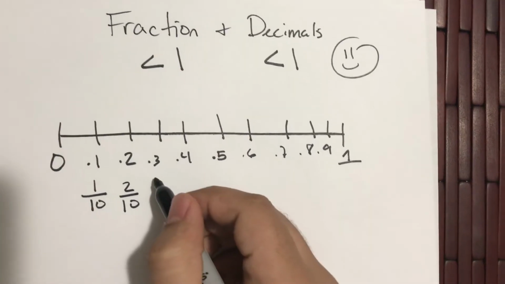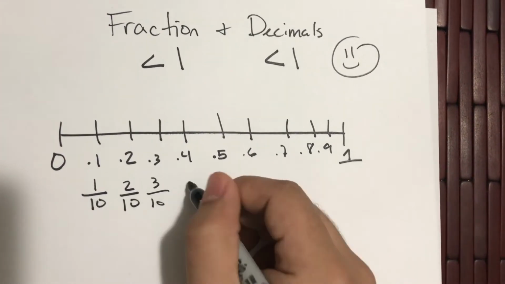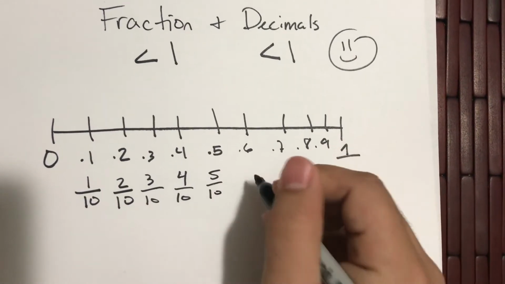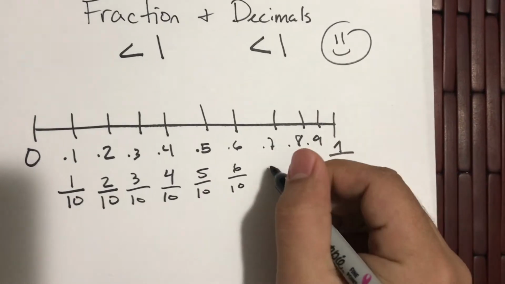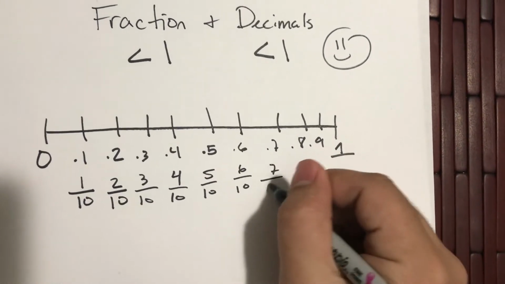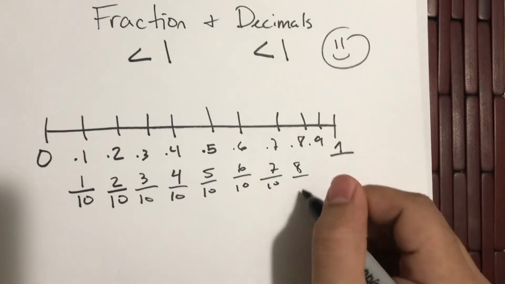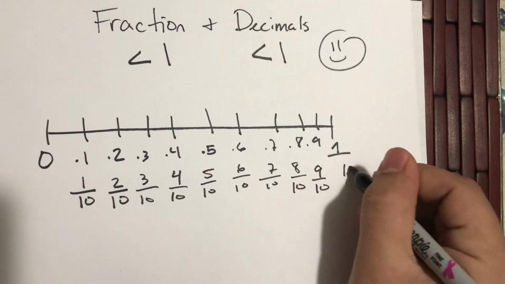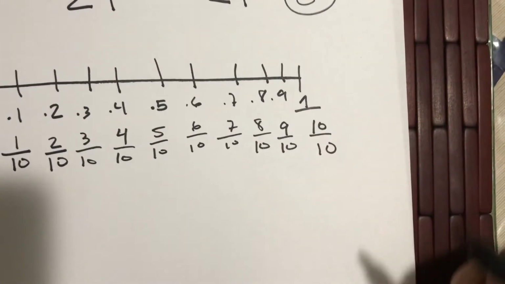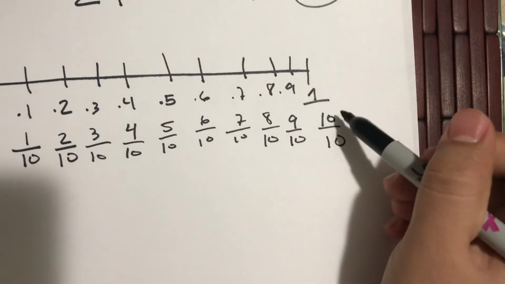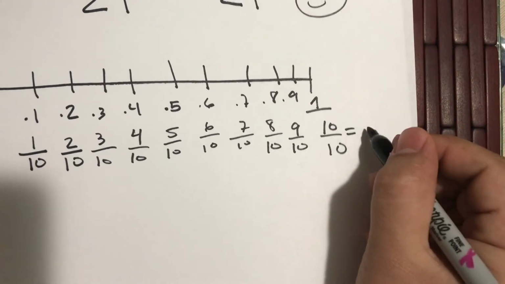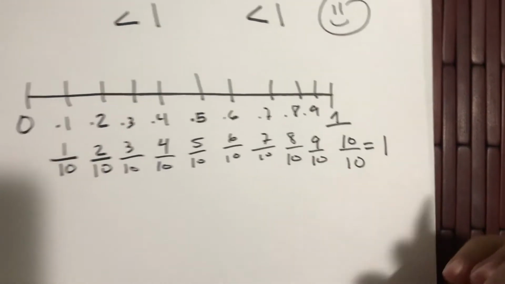And so on. 3 tenths, 4 tenths, 5 tenths, 6 tenths, 7 tenths, 8 tenths, 9 tenths, and 10 over 10. And we know that when we have a fraction whose numerator is the same as the denominator, that means 1. You have one whole.